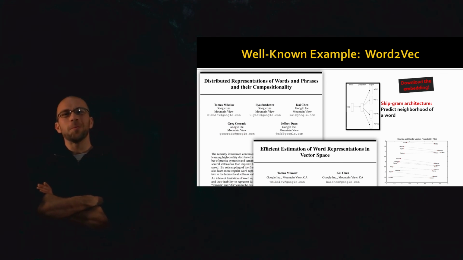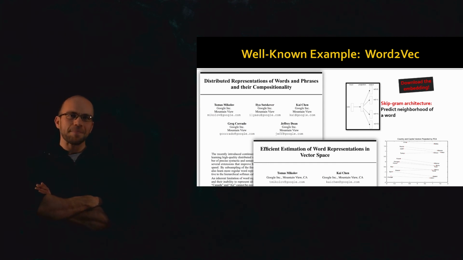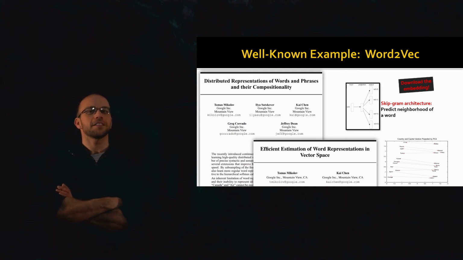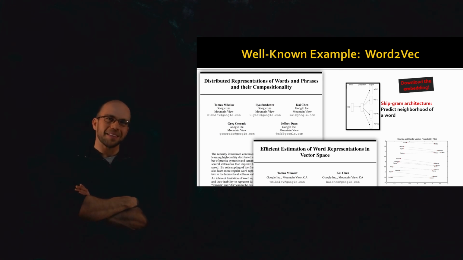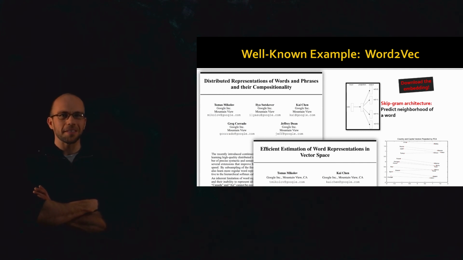So every single word in some corpus of documents gets assigned a different feature vector, with the property that words that are similar, in the sense that they appear nearby in lots of documents, should have nearby embeddings. And word2vec is an extremely popular idea because it allows you to put geometry on the space of words.